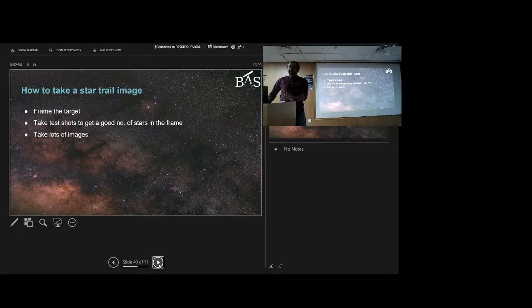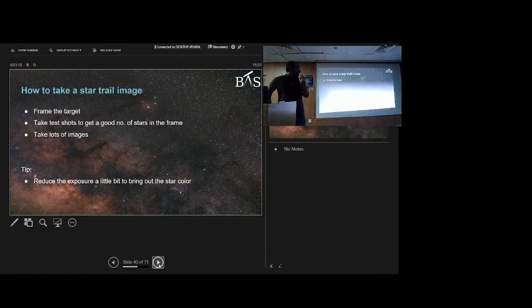Once you have that, take a lot of images without putting a break in between. Capture lots of images, let's say 200 or 300, depending on how long you want the star trails. A bonus tip is to reduce the exposure a little bit so that the stars have a nice color to them.